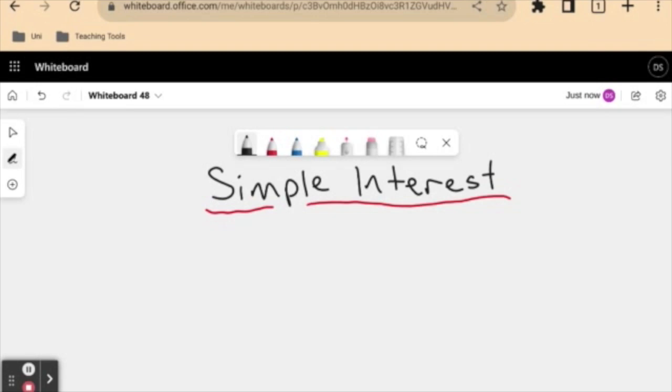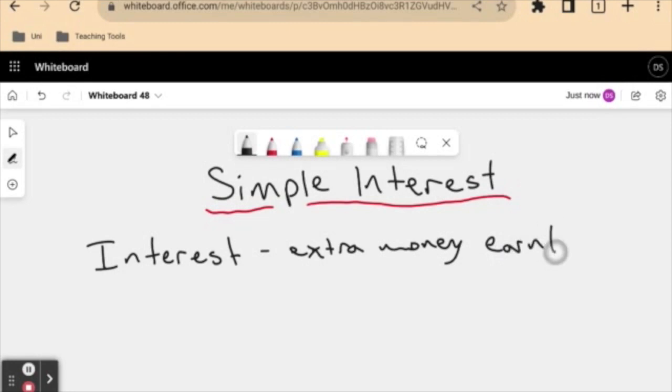So this is made up of, well, our interest, which is just the money earned, the extra money earned after a certain amount of time. We have the principal.